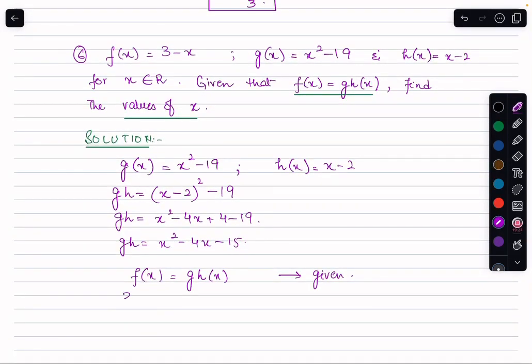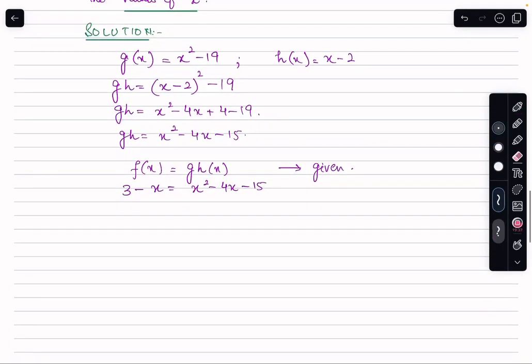If I plug in this 3 minus x here and equate it to gh, which we just found as x squared minus 4x minus 15, I can see that I am getting a quadratic equation, which can be written as x squared minus 4x plus x minus 15 minus 3 equals 0. Or I can say this is x squared minus 3x minus 18, which equals 0.